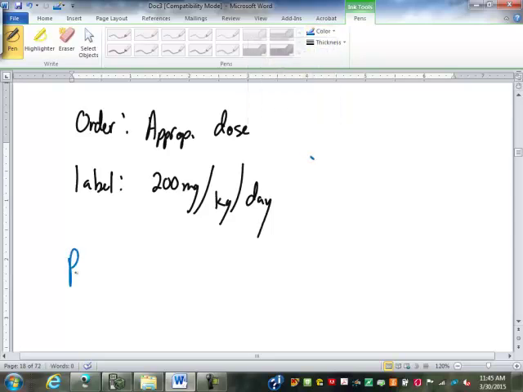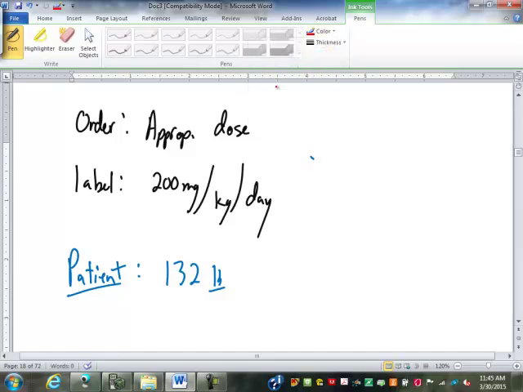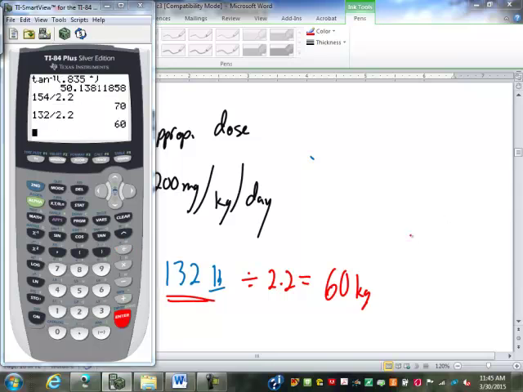And let's say our patient comes in with a weight of 132 pounds. So our first step in any of these problems that are based on weight is to convert our weight, if given in pounds, into kilograms. So we're going to divide by 2.2, which should give us 60 kilograms. Let's double check it. And of course it does.